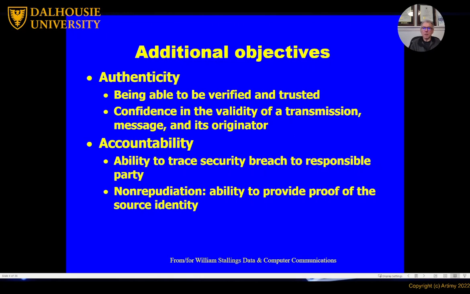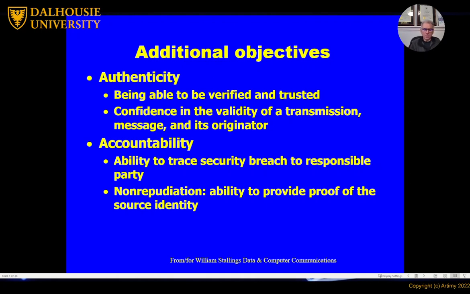So that's what we call non-repudiation. Another example is maybe somebody sends a bank request to transfer money from one account to another, and then later comes and says, who told you to transfer money? I didn't send you that email. The bank has to find information that proves that person actually requested the transfer.